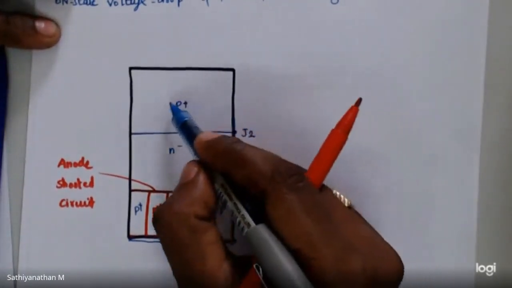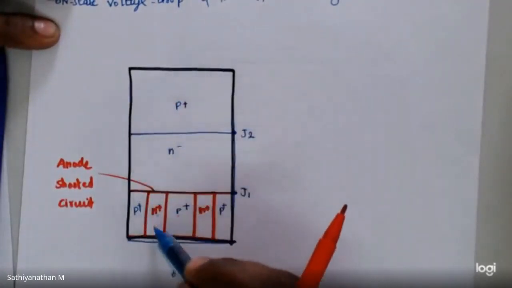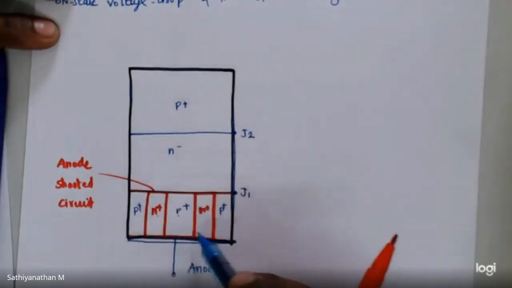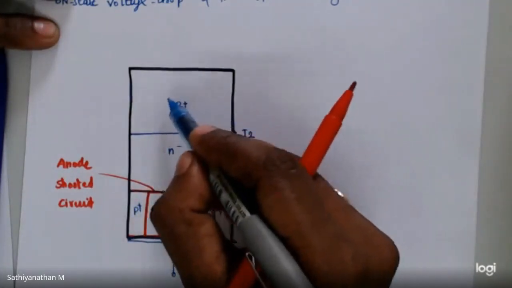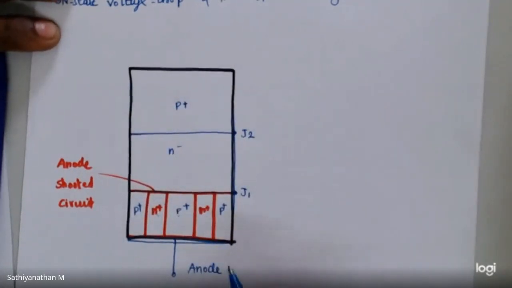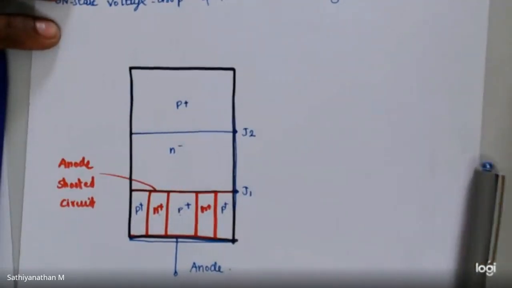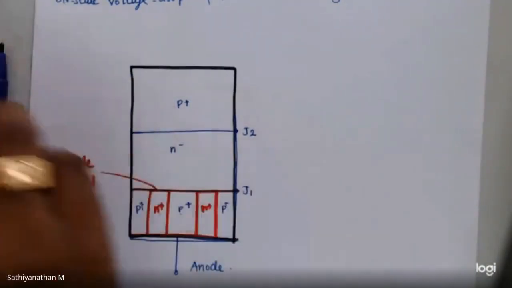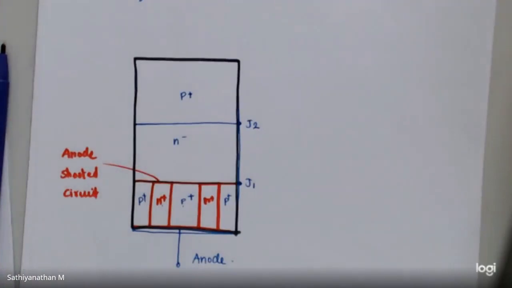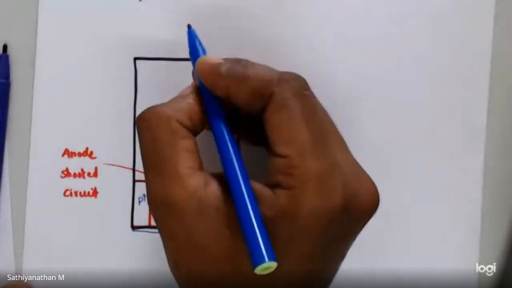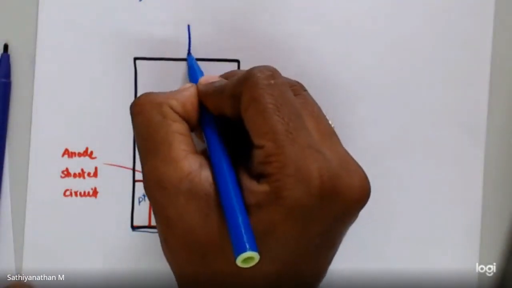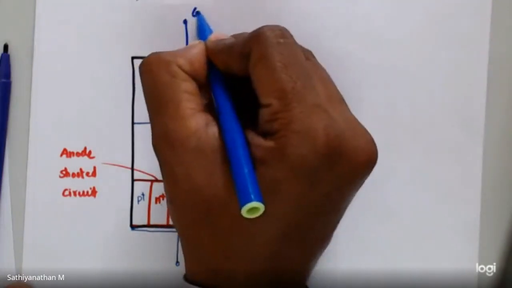If you take this structure alone, these three layers form a PNP transistor, over which we have a gate terminal. This is your gate.